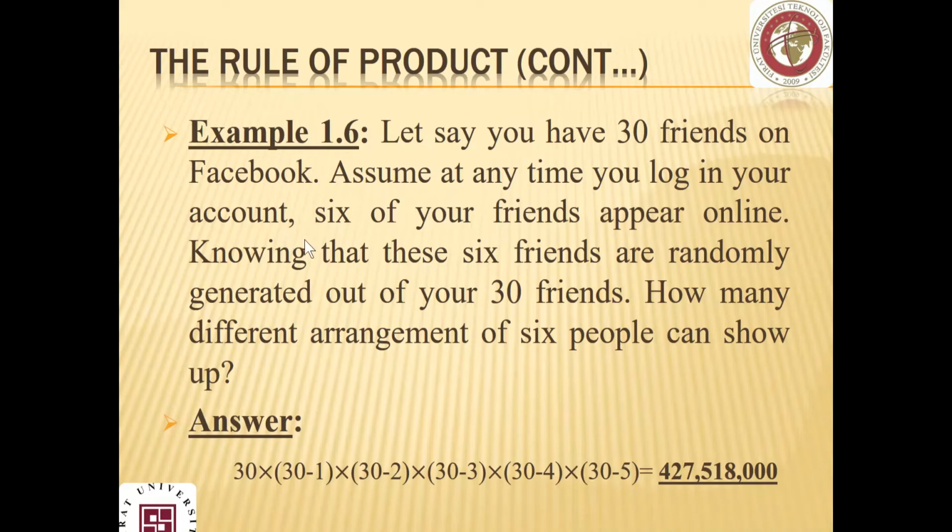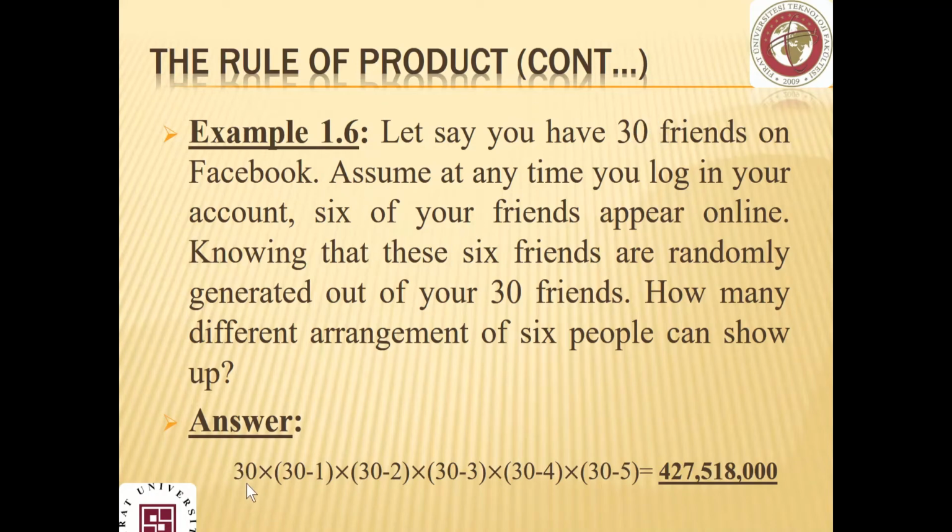So the second one will be any of the 29, or 30 minus 1. How about number 3? Number 3 will be 30 minus 2, because we already covered 2. The first one took one of the 30 choices, the second one took one of the 29 choices, or 30 minus 1, and the third one will take 30 minus 2, or 28 choices, and so on.